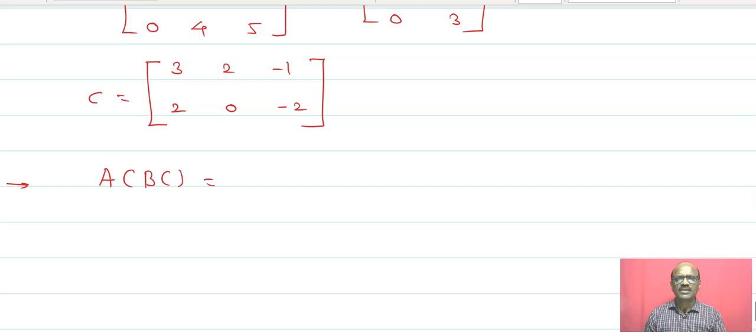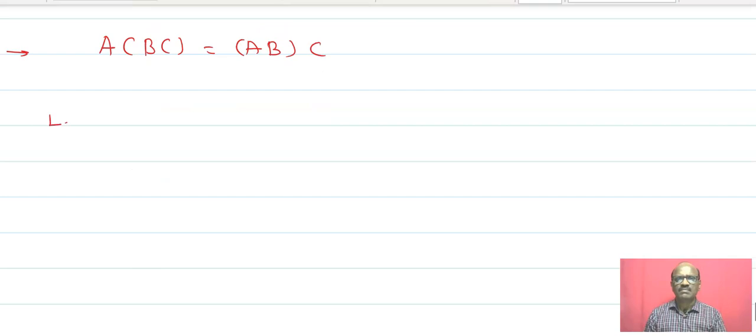Now A into BC is equal to AB into C. Now LHS is equal to, first we will find out the product BC, then it will multiply with A. Now find out the BC.